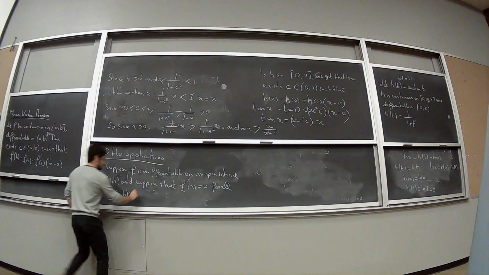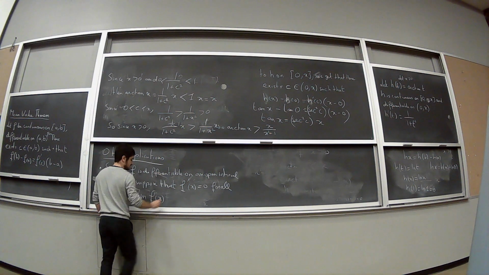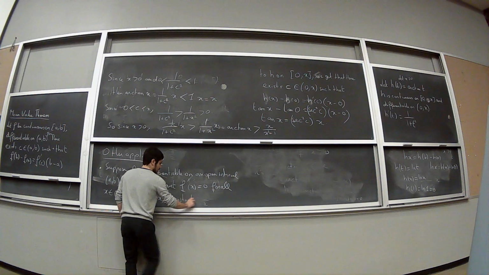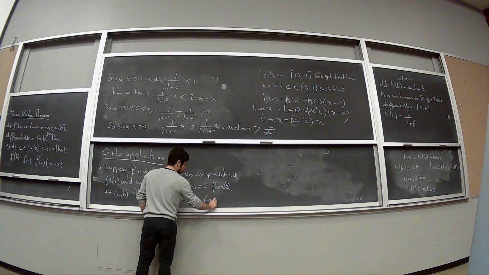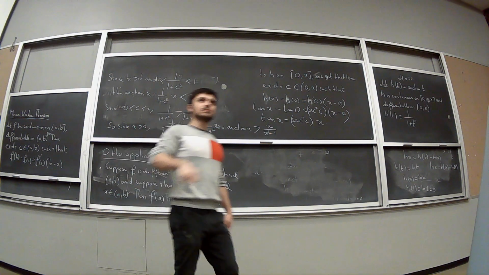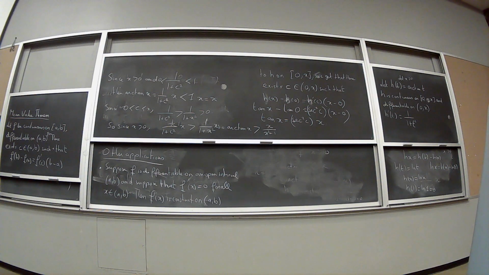Then f of x is constant on AB. So I have an open interval, AB, on which the derivative is 0. The claim is that f is constant. Let's show this. Proof.